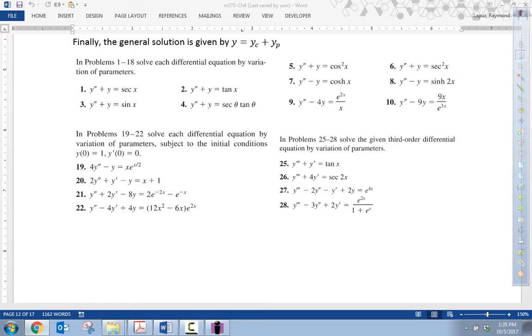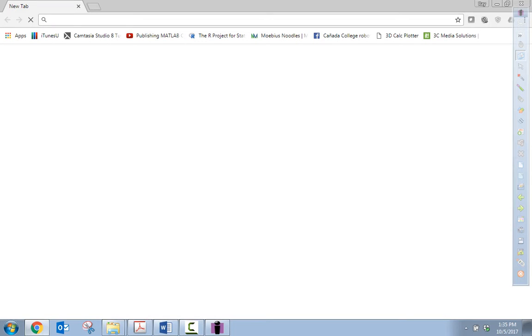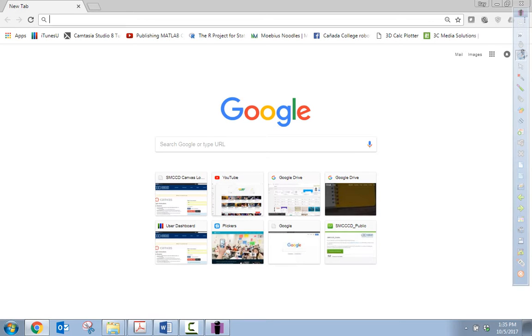So I think the tricky part are the integrals after you get the Wronskians and then W1, W2 and stuff, and then you get u prime, then you're going to need to integrate.